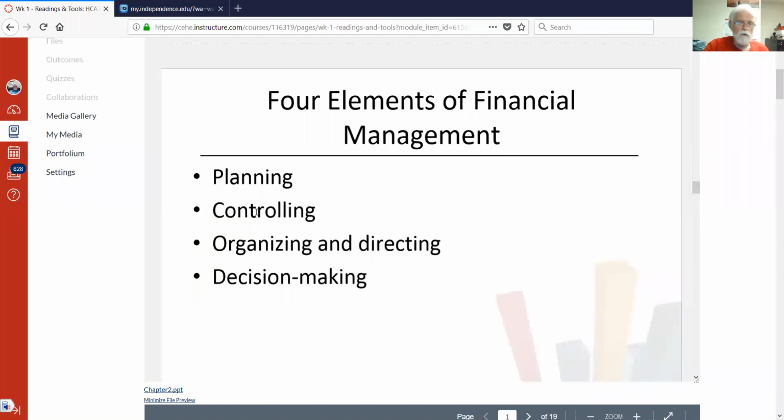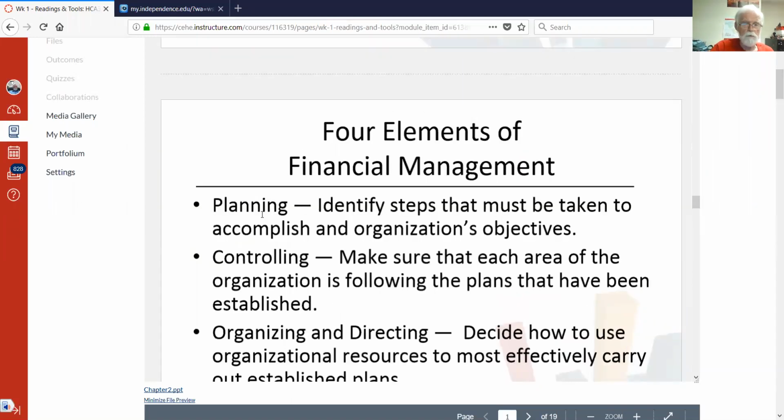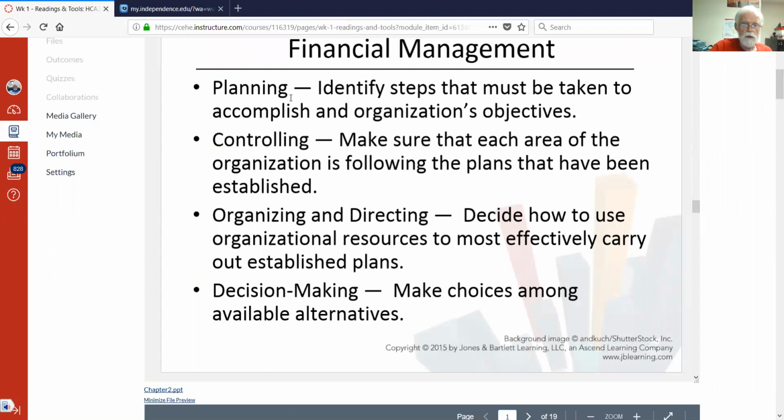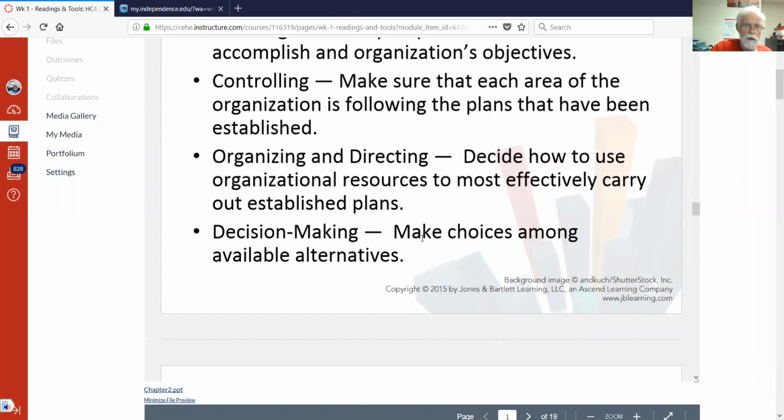Controlling is a more complicated thing. So controlling is to make sure each area of the organization is following plans that have been established. And then organizing and directing is, so this is the strategic view, and this is the tactical. Decide how to use the organizational resources to carry out those plans.